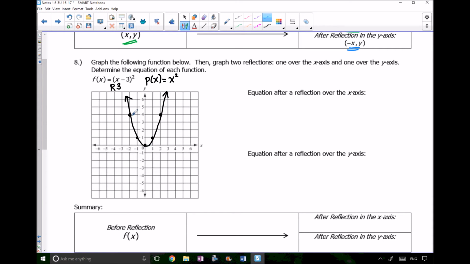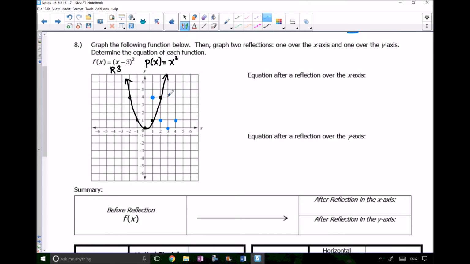So this coordinate of negative 2, 4 ends up being at 1, 4. This coordinate of negative 1, 1 ends up being 1, 2, 3 at 2, 1. 0, 0 ends up at 3, 0. This value right here, this 1, 1, I move it over 1, 2, 3, I'm at 4, 1. And then when I take 2, 4 and I move it over 3 to the right, 1, 2, 3, I end up at 5, 4.